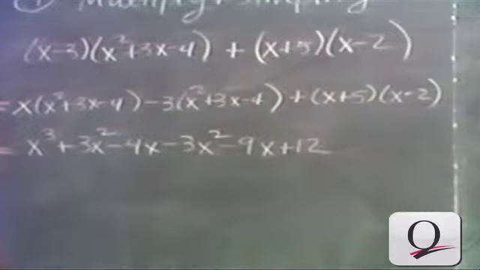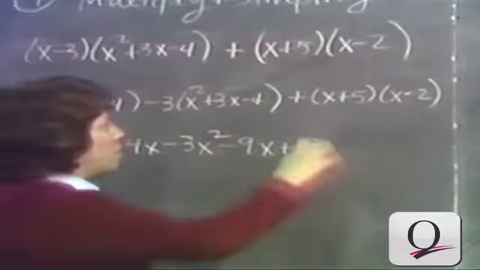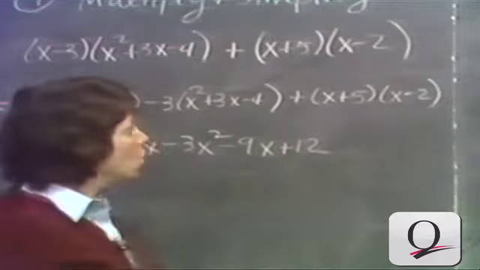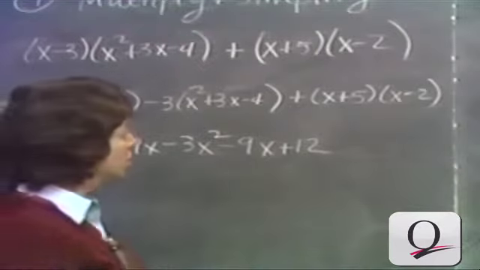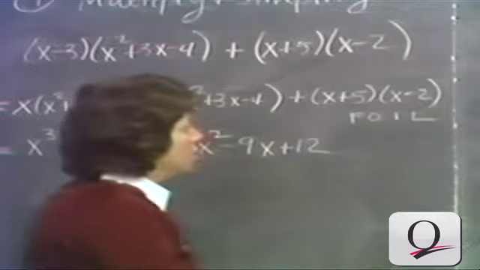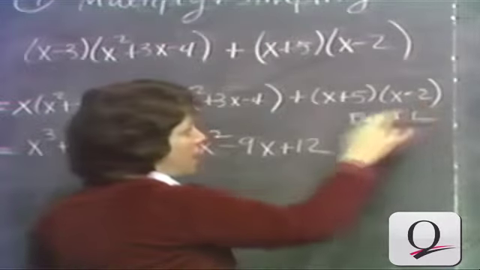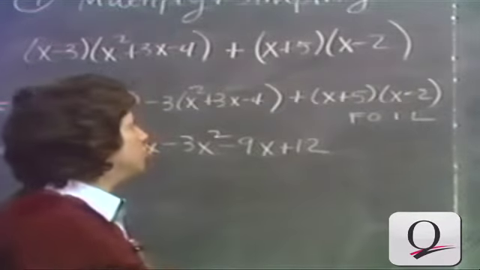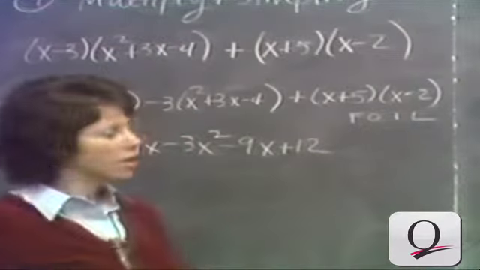But because it is a special case, that is, a binomial times a binomial, two terms times two terms, we can also handle this product by using the FOIL method. That is, first multiply the first terms, then the outer terms, the inner terms, and the last terms. It's the same thing you'd get if you use the distributive law twice.